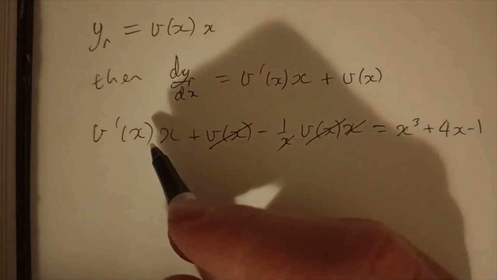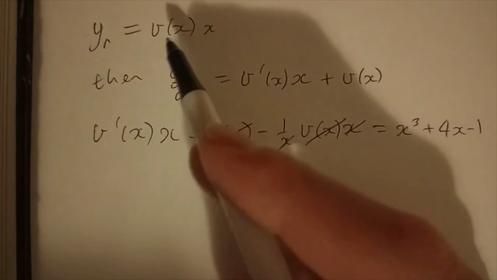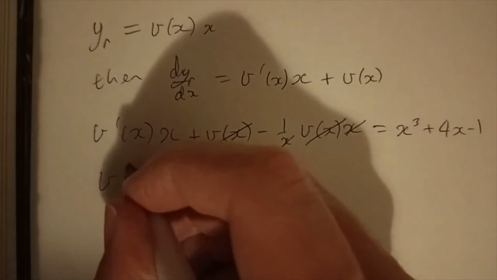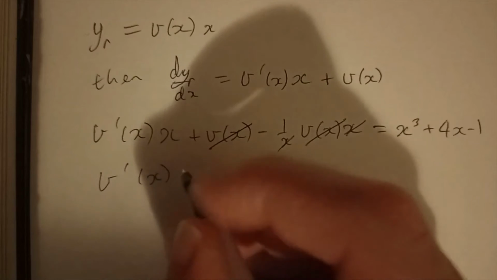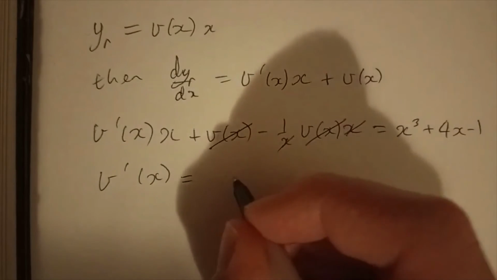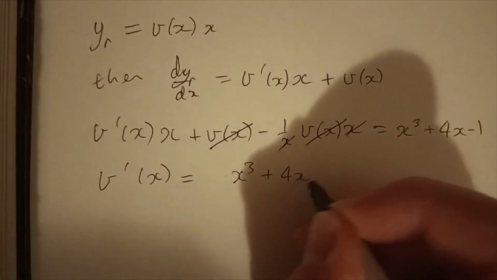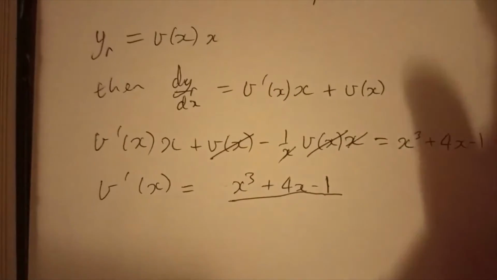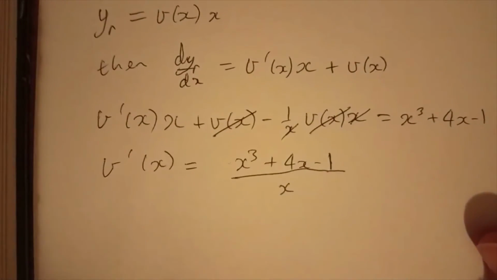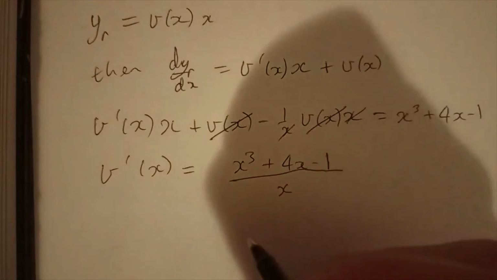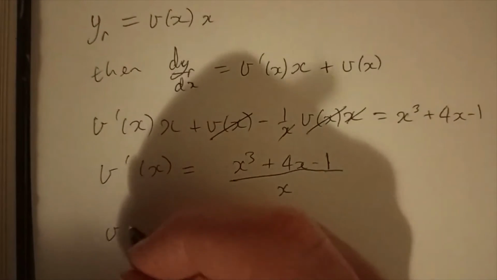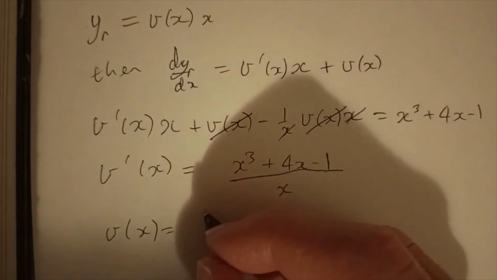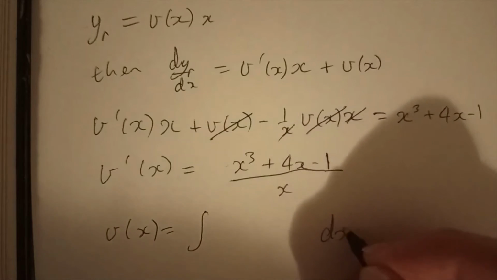Okay, so now we can solve for this v of x, and in doing so we'll be able to find what y_p is equal to. So therefore, v prime of x is equal to x cubed plus 4x minus 1, divided through by x. That means that v of x is equal to the integral with respect to x.